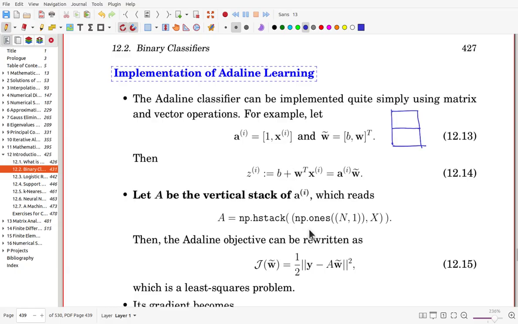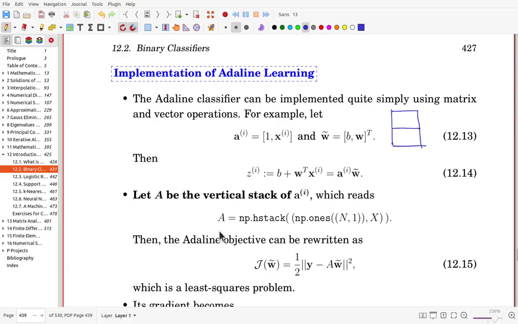That is the same as putting a vector of all ones in front of x. For each point, 1 is in front of x, so that it's the same as that.